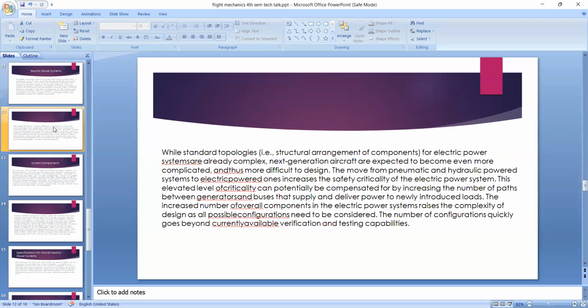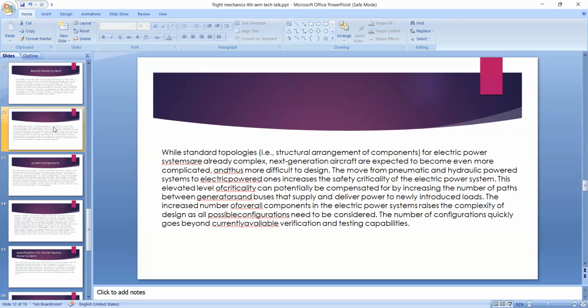The topologies, the structural arrangement of components, for electric power systems are already complex. Next generation aircraft are expected to become even more complicated and thus more difficult to design. The move from pneumatic and hydraulic powered systems to electric powered ones increases the safety criticality of the electric power system.